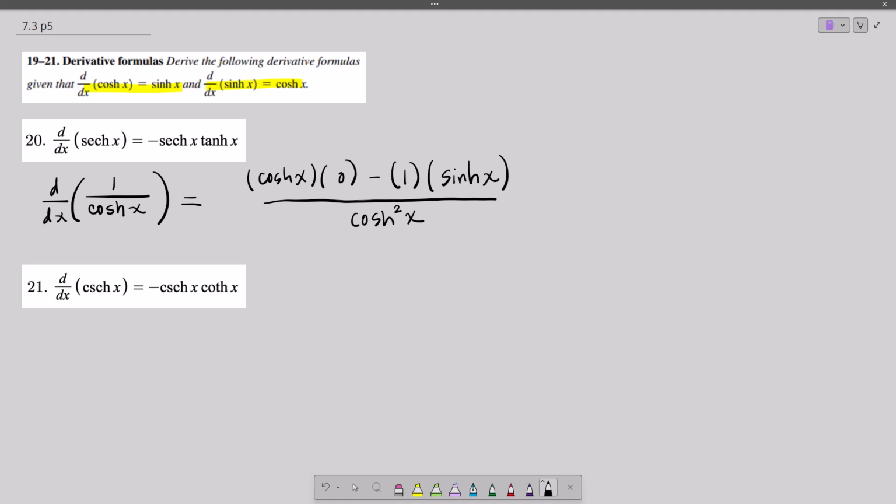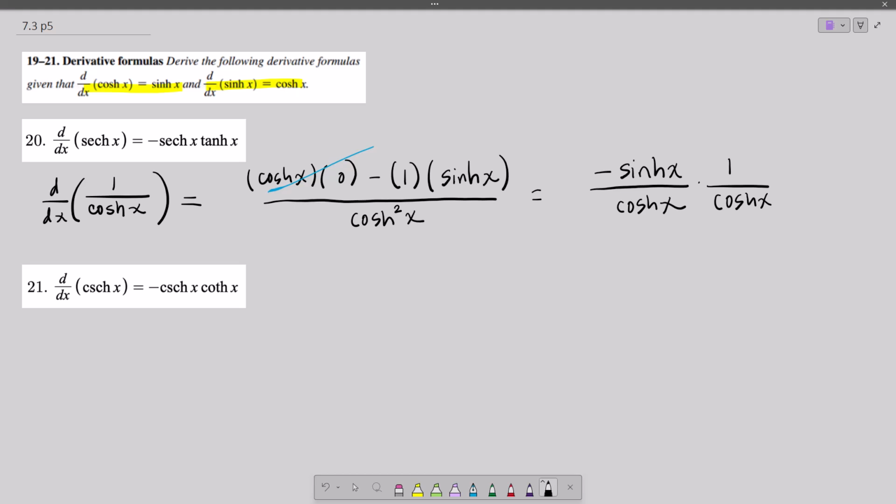Well, this top left term is going away because we're multiplying by 0. And over here, we're just going to separate the denominator. We'll separate the cosh squared into a cosh times cosh, and think about the numerator as sinh times 1.